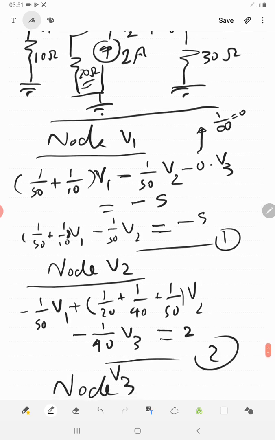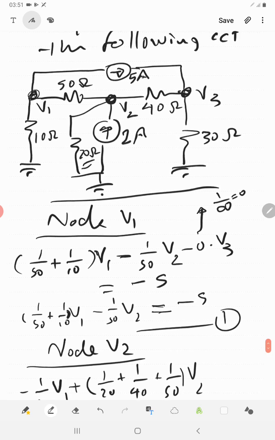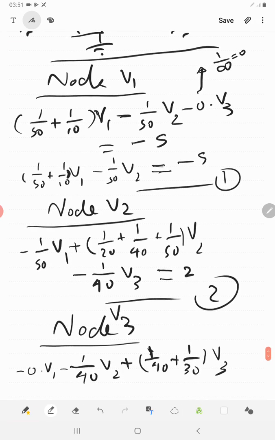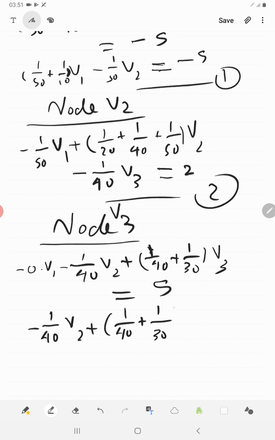We have a 40 and a 30. 1 over 40 plus 1 over 30. Okay, and we have the 5 amps, so this is equal 5. So what we have, minus 1 over 40 V2 plus 1 over 40 plus 1 over 30 V3 is equal to 5, and this is equation 3.